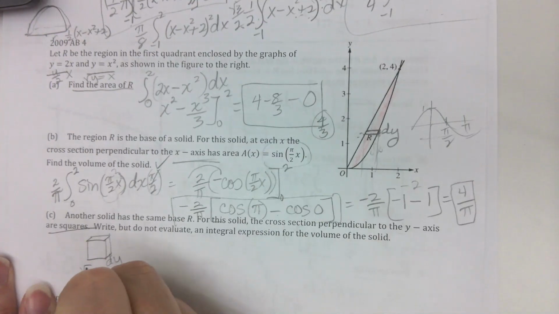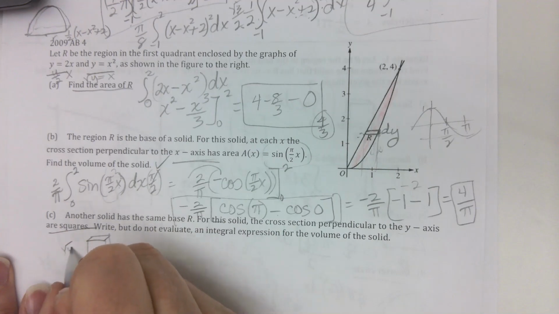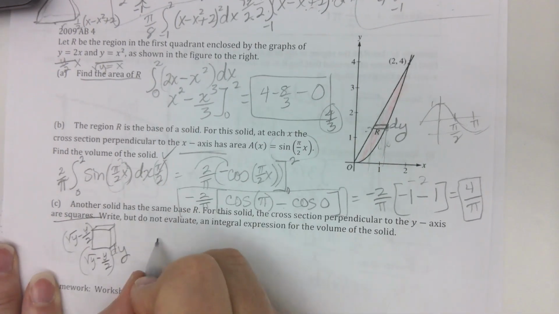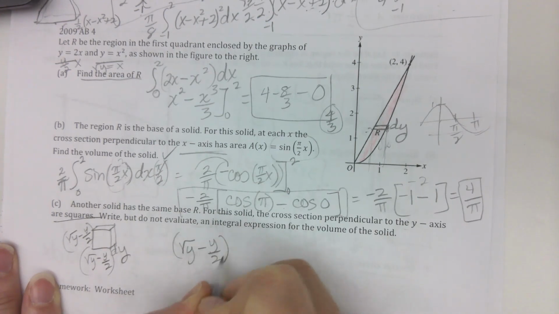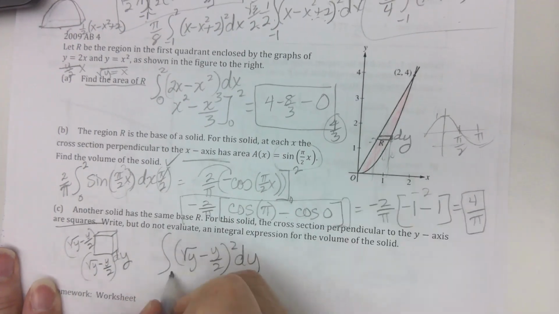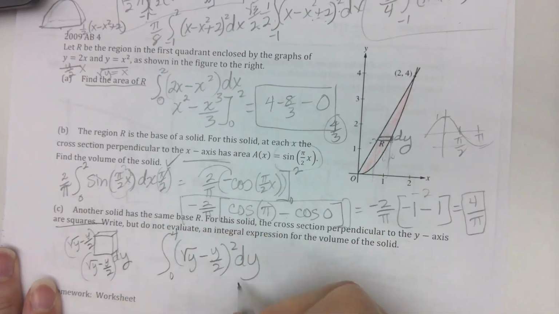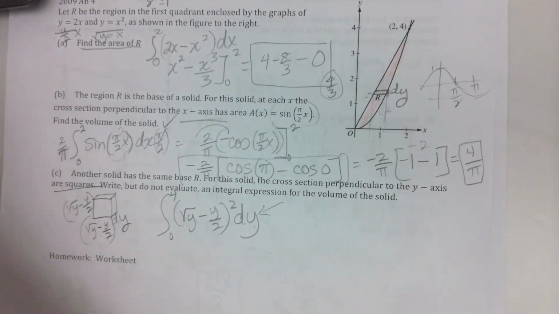So is that square root of y minus y over 2? Yes. And then it's the same thing, because it's a square, so square that thing. dy, integrate from 0 to 4, because we are dealing with y's, not x's.